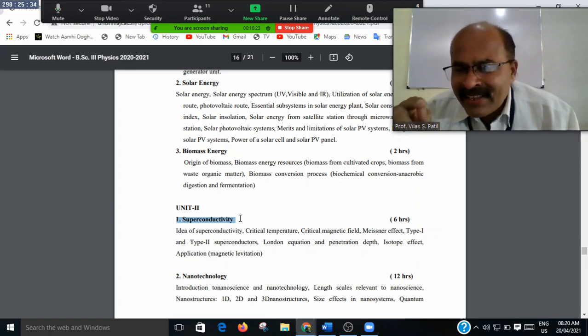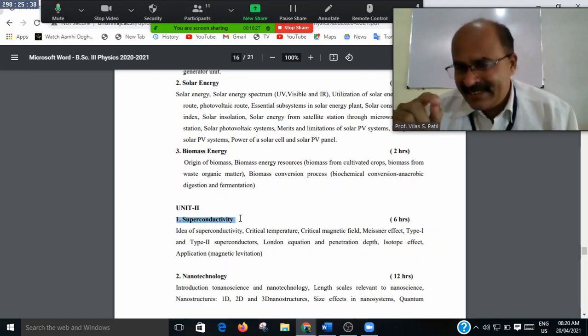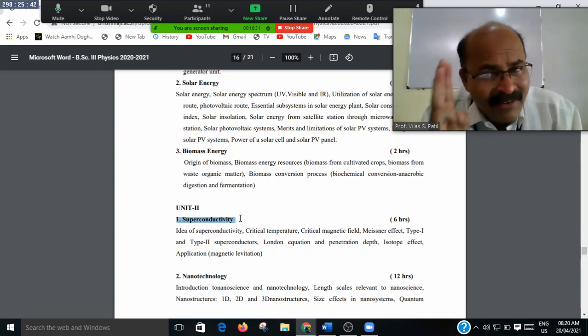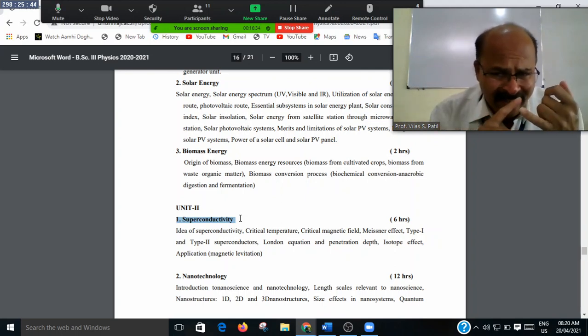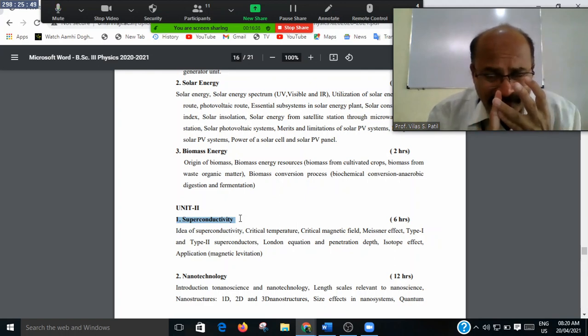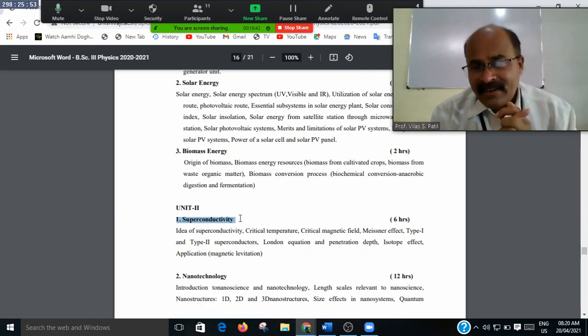Conductivity. Conductivity is the property of a conductor. We know that there are three kinds of materials: one is the conductor, another is the insulator, and the third one is the semiconductor.